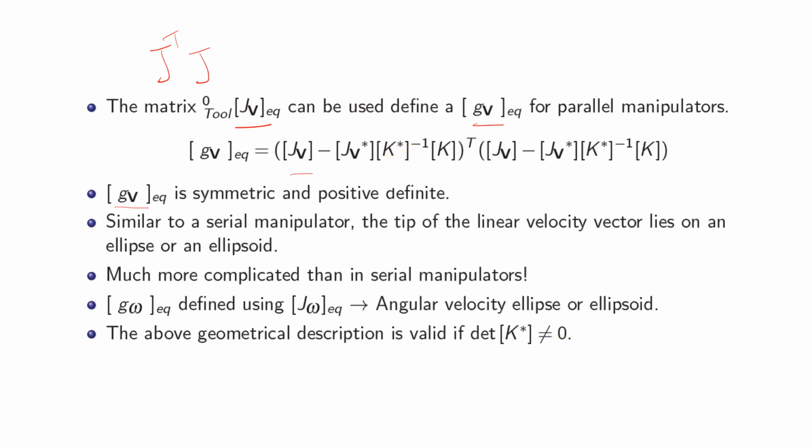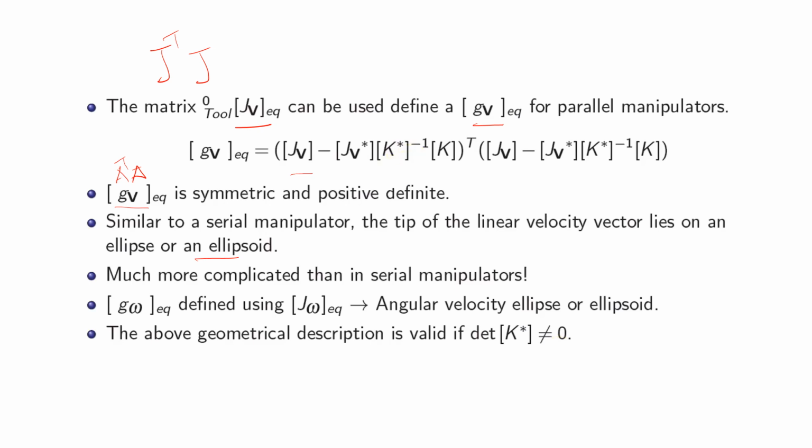This Gv equivalent is symmetric and positive definite. It is symmetric because it is like A transpose A, right? Similar to the serial manipulator, the tip of the linear velocity vector lies on an ellipse or ellipsoid. If it is moving in a plane, it lies on an ellipse. If the platform is moving in 3D space, the linear velocity vector traces an ellipsoid.